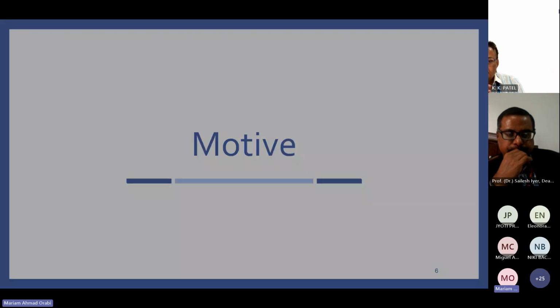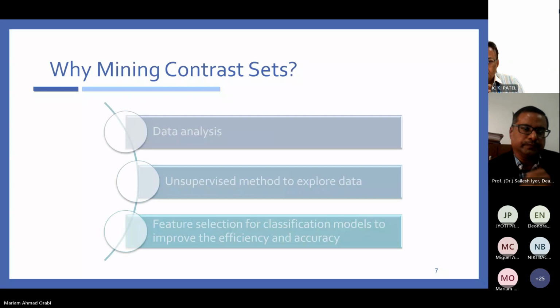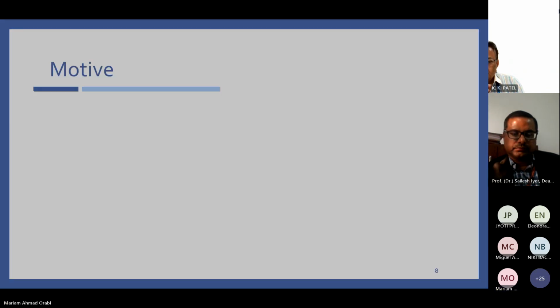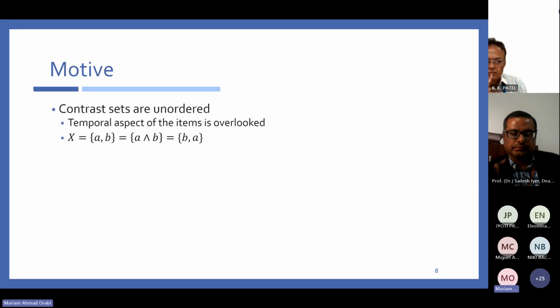The motive of our work is that first, mining contrast sets is very important for several things, such as data analysis, unsupervised methods to explore data, and feature selection for classification models to improve efficiency and accuracy. The motive behind temporal contrast sets is that contrast sets are unordered. The temporal aspect of the items is overlooked.